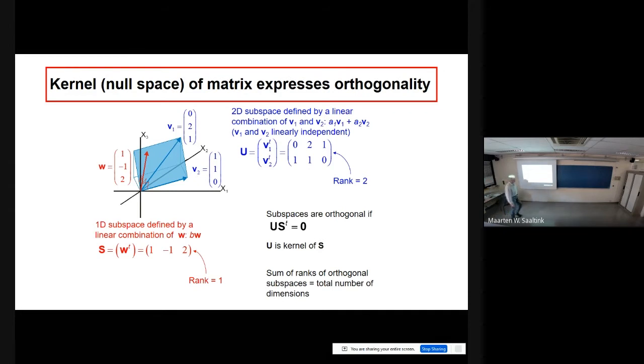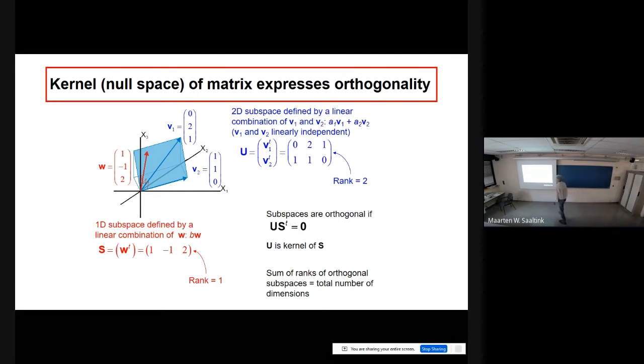The second thing is what we call a kernel, also sometimes called null space. It sort of expresses orthogonality, so things that are 90 degrees from each other. Here is an example. We have the matrix that we had before, but only the two real independent rows.